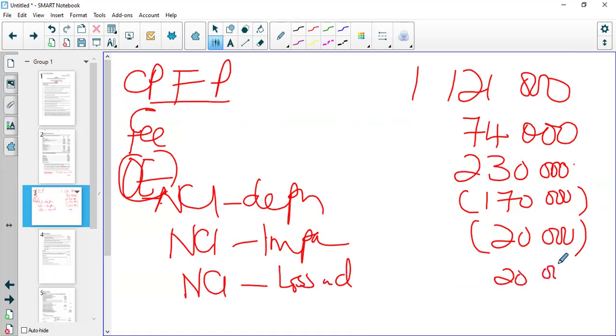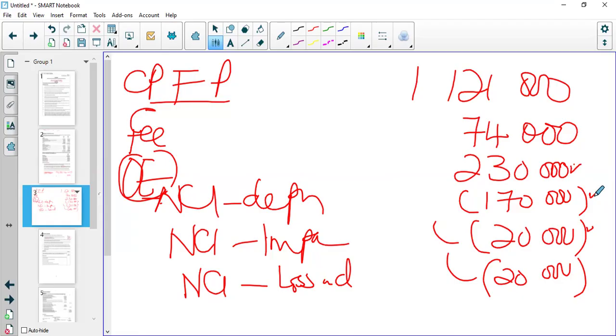20,000, right? Now, I want you to listen very carefully here. This is an adjustment we do when we are using the direct method. If we are using the indirect method, we have to add back these to profit because our starting point is profit, right? So these amounts would have reduced profit already because they are included in here. So they would have been part of what was used to reduce profit. Now we want to reverse that.